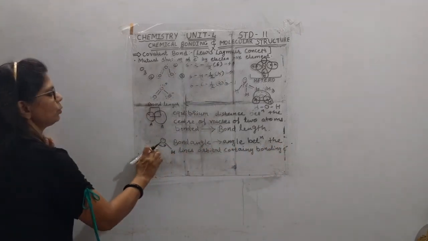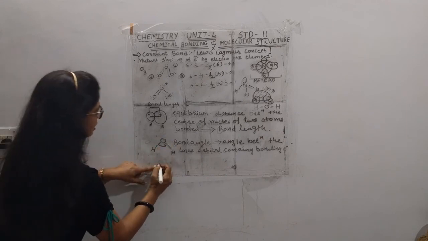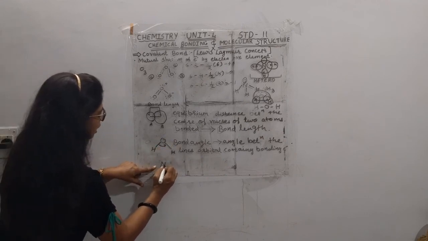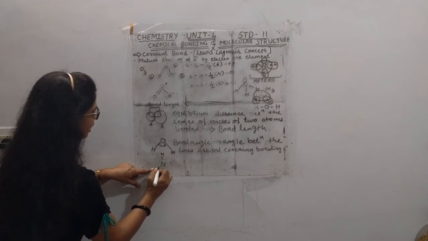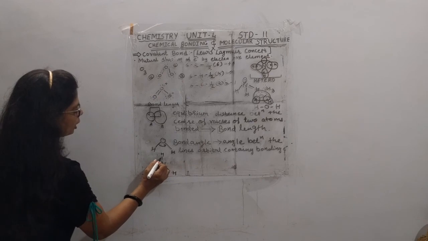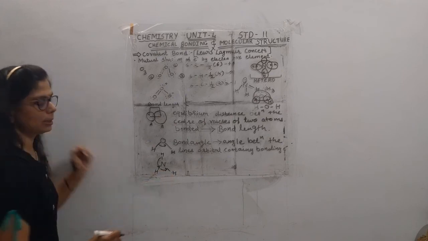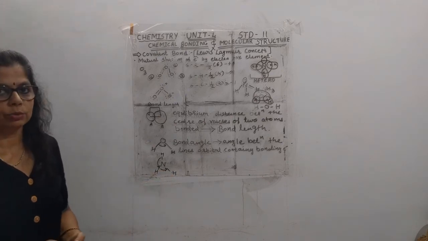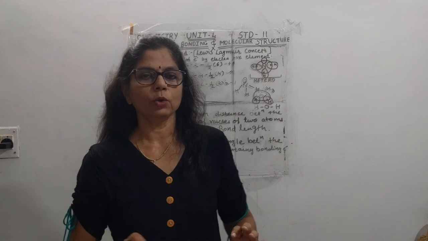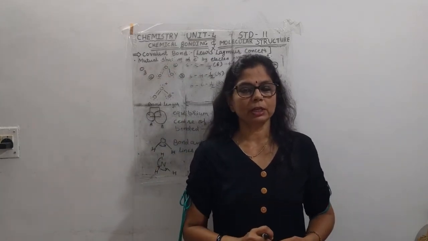So this angle between these two lines is known as the bond angle. Same way if we take the example of NH3, here N and here H and H, there is a bond angle of this also. So this is known as the bond angle, student. Hope so today's topic you are very clear about, because our next topic is valence bond theory.